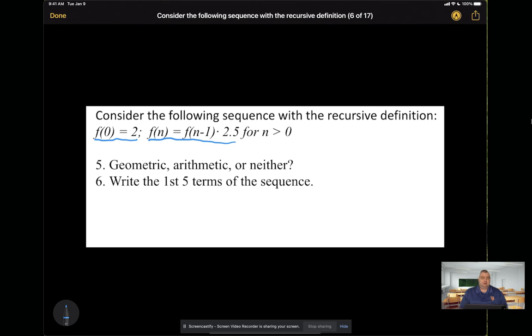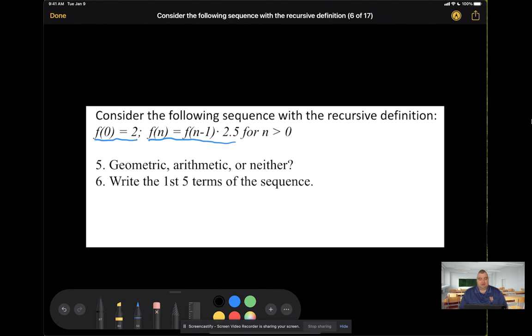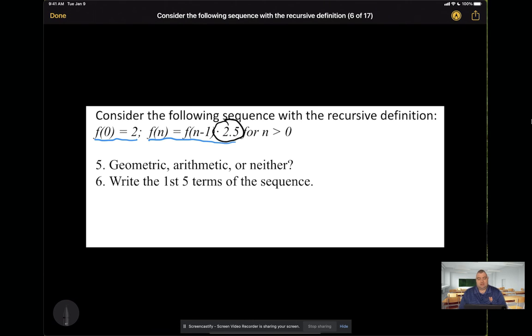Is this geometric, arithmetic, or neither? Well, the giveaway in this case is that the pattern is to multiply by 2.5. So this is a geometric sequence because we are multiplying by the same number each time.